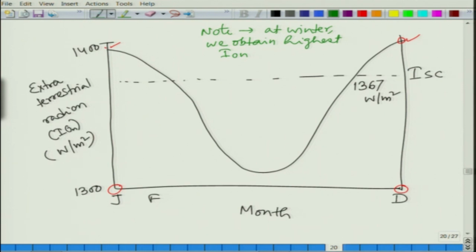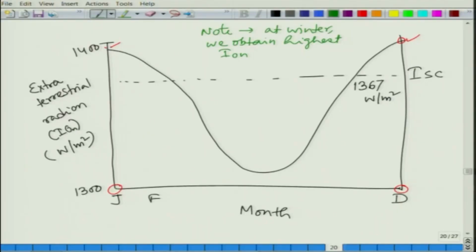What do you think? We expect that at winter the amount of solar radiation coming will be less than in summer, right. That is what our normal intuition says. But these are measured data. So, this particular plot is showing that at summer ION is the lowest. So, this is counterintuitive, right.